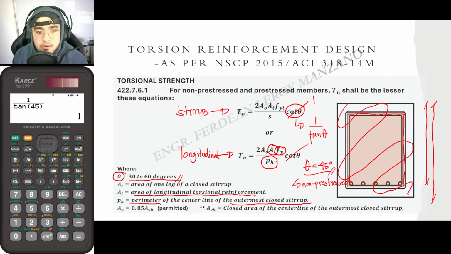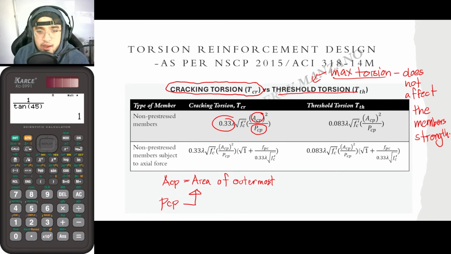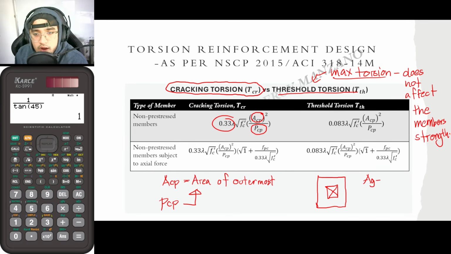Okay, is there a difference between ACP and AG? Actually, there is. Suppose we have a hollow section, meaning it has a hole inside. If we solve for the gross sectional area of concrete, AG is just this part here, the area of concrete only.